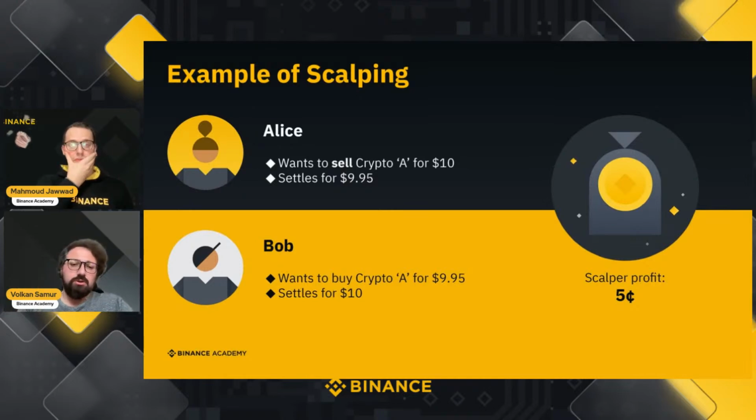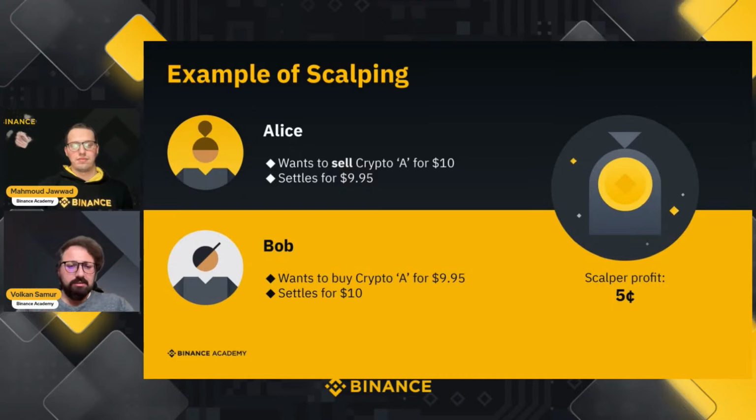So the scalper uses the crypto he bought from Bob for $9.95 and sells it to Alice for $10. So in this example, Bob earns 5 cents, right? So that's the scalper's profit. Bob is the scalper, and Alice is the person who is purchasing the asset, or the cryptocurrency in this case, for the price of $10 that Bob determined.